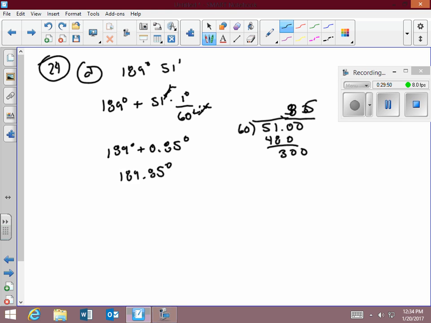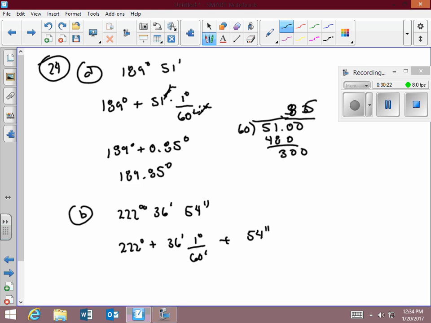So I'm guessing the symbol in B would be 54 seconds. The one symbol is minutes and the other double symbol is seconds. Okay. So what you do is it's 220 degrees, 36 minutes and 54 seconds. You add 36 minutes, 1 degree is 60 minutes, and then you'd add 54 seconds, and you'd say 1 degree is 3,600 seconds. 60 and 60.